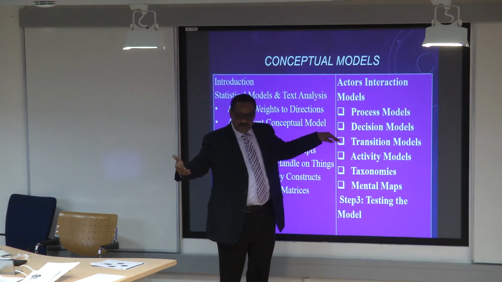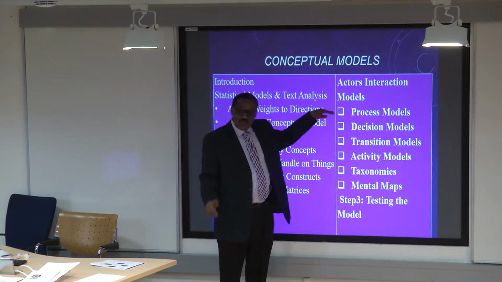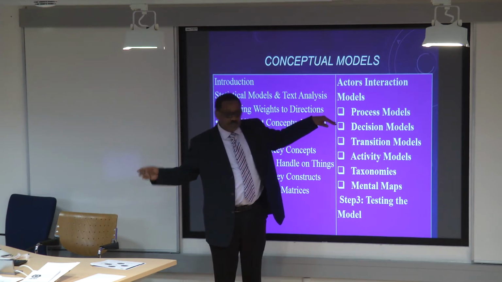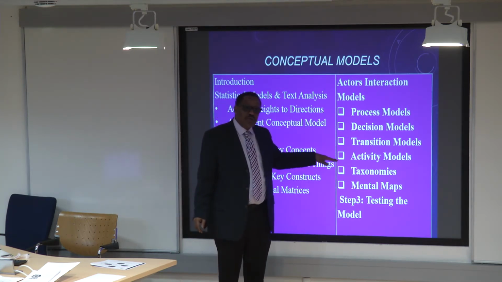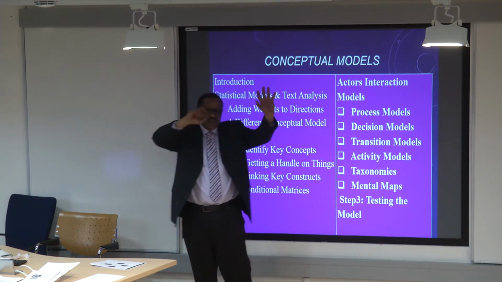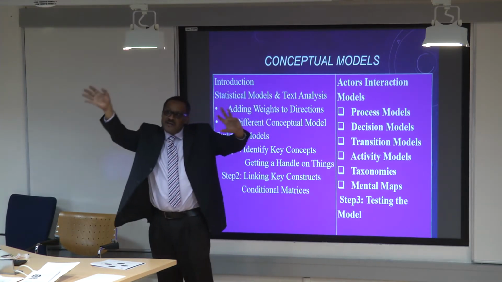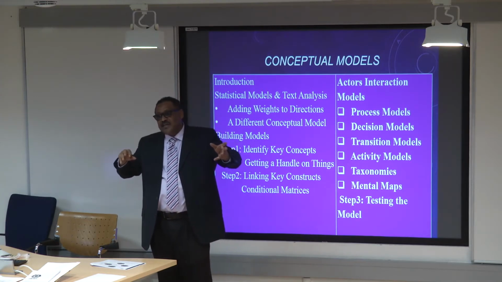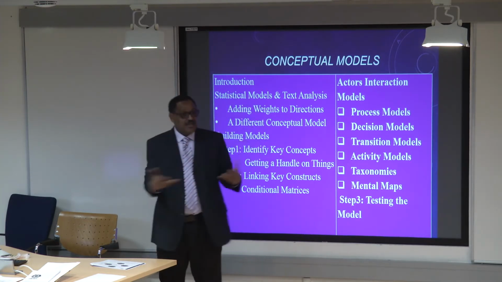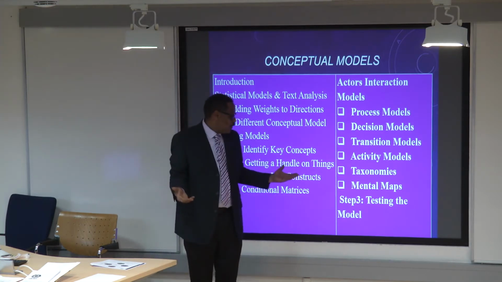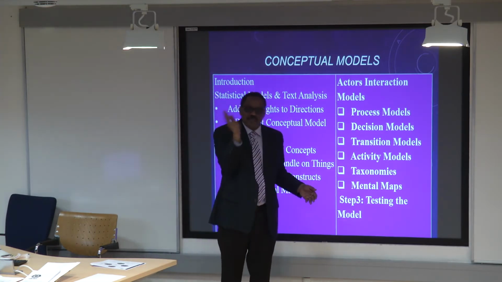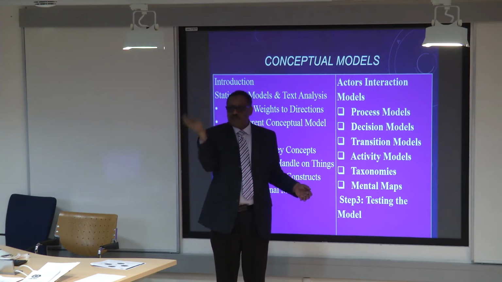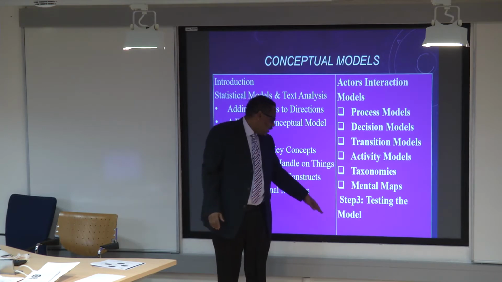If you take it as a process, they are going to do it in a process. If you are talking about taxonomy, you can see those who know better in technology and those who know less. So those who know more can accept it more. If you are talking about a mental map, you have to come up with a mental map of novice or expert in technology.